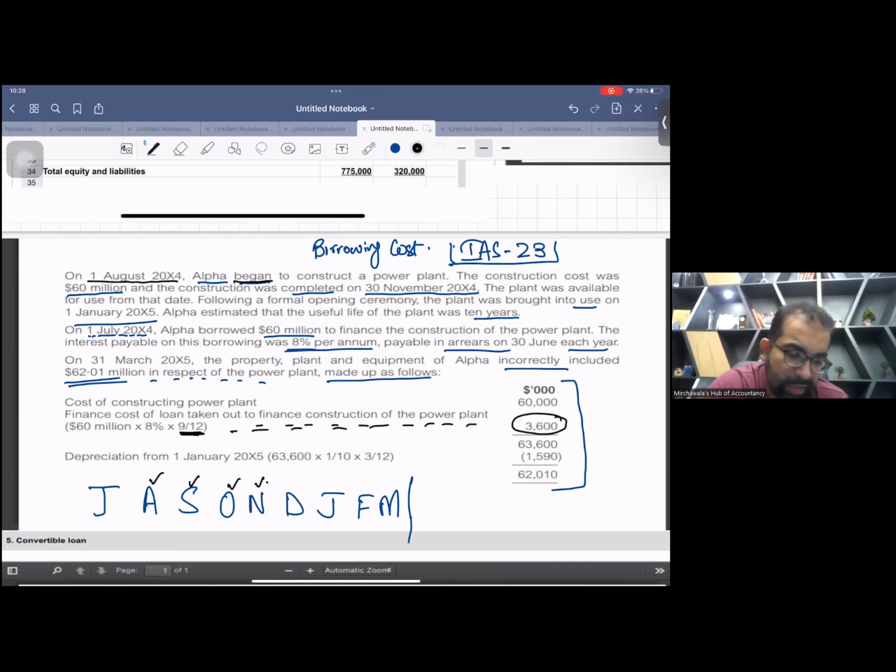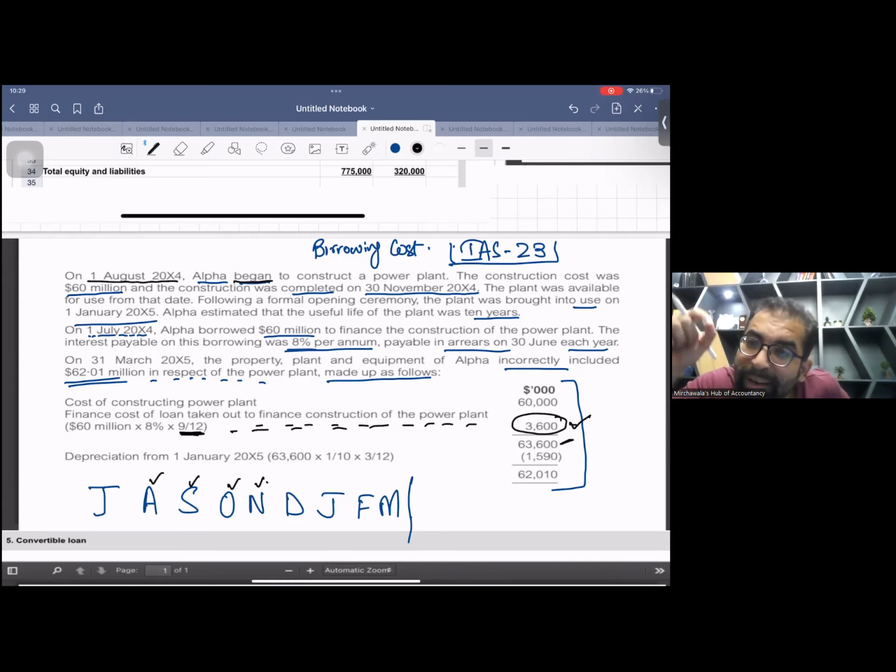So when he capitalized the wrong interest, the total number is also wrong. The figure of 63,600 is also wrong. Now the value of the total asset is wrong, so the future depreciation will also be wrong. As the total capitalized cost is wrong, obviously the future depreciation is wrong.